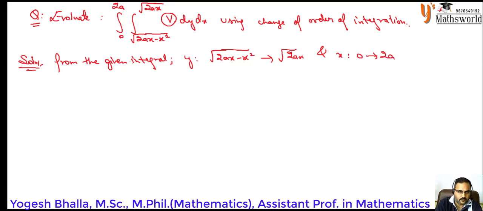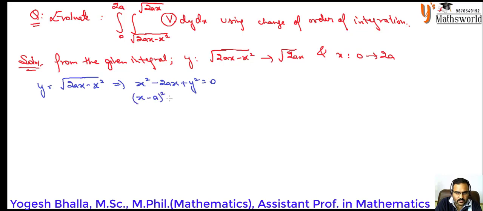Now y is equal to root of 2ax minus x square, so squaring both sides, it will be y square equals 2ax minus x square, then we can say x square minus 2ax plus y square is equal to 0, or (x minus a) whole square plus y square is equal to a square.